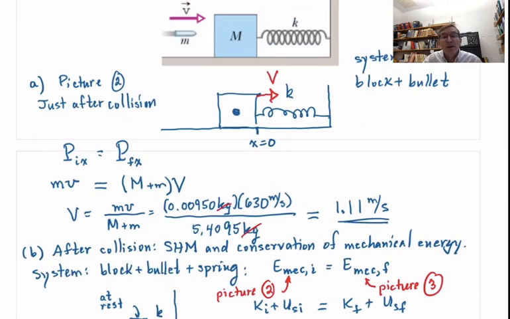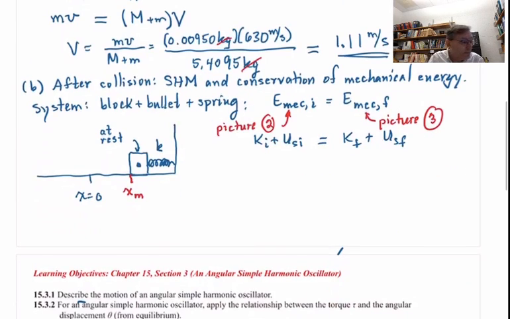Notice the spring is not yet compressed, so there is no potential energy, but the bullet block combination is moving, so there's kinetic energy. So for K initial, we write 1/2 the mass, bullet plus block, times big V squared.